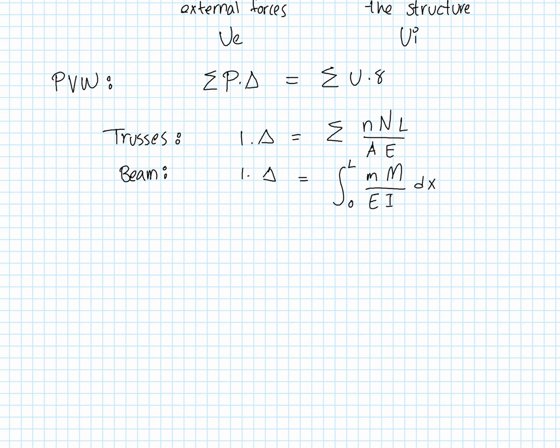So let's start with an example. In this example, we have a truss structure, and one thing I should probably do is write down example. And this truss structure has a brace, and it's only a single diagonal. Here it is.